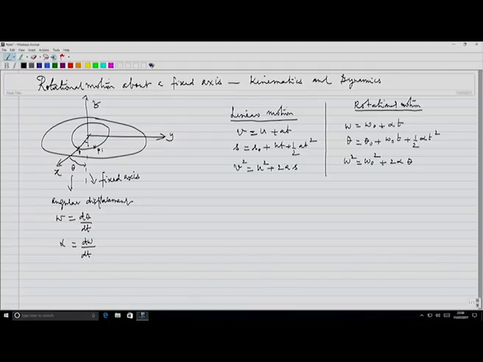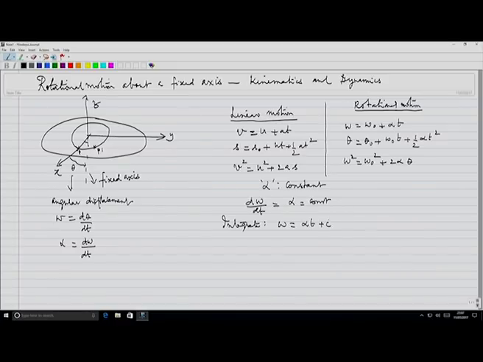How are these equations arrived at? First thing we need to remember is alpha is a constant. So first we start with the definition d omega by dt is equal to alpha, which is a constant. Therefore integrate. If I integrate, I will get omega is equal to alpha t plus c.